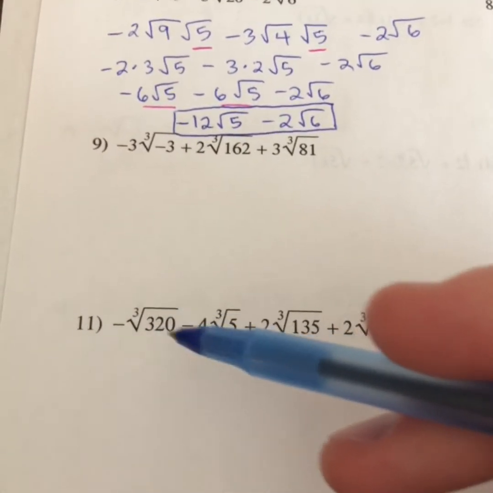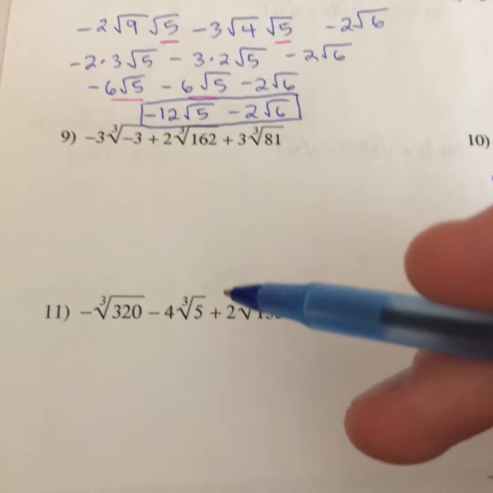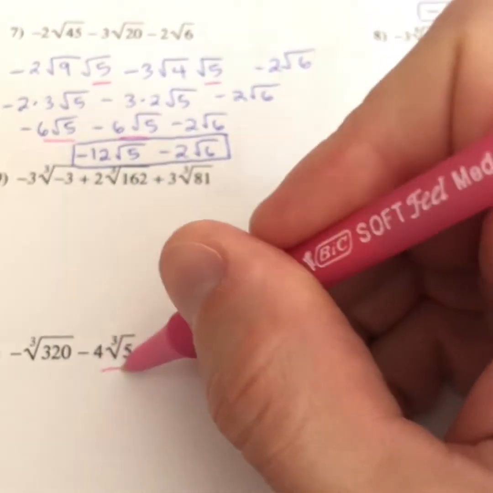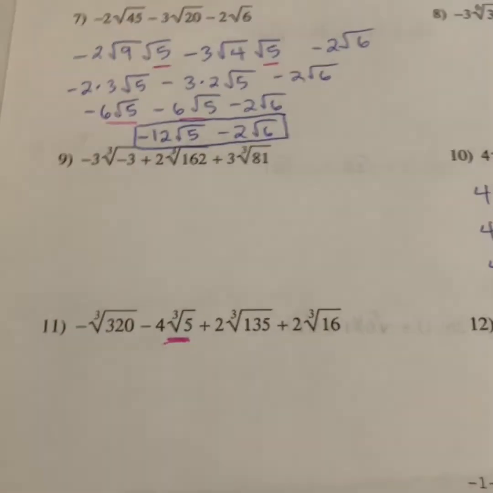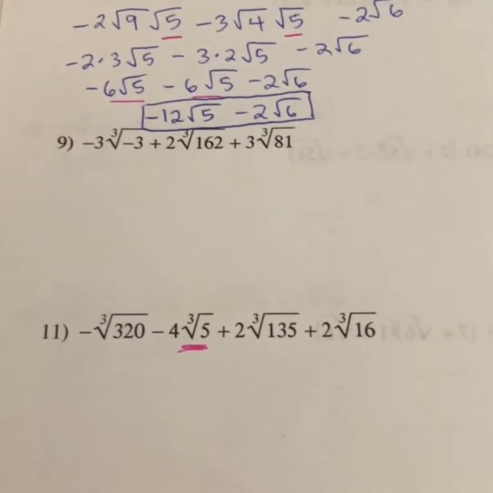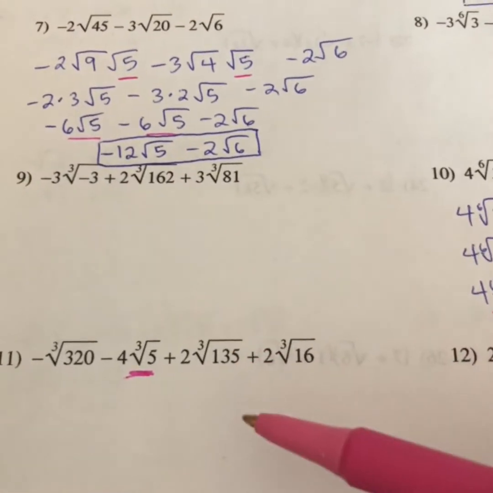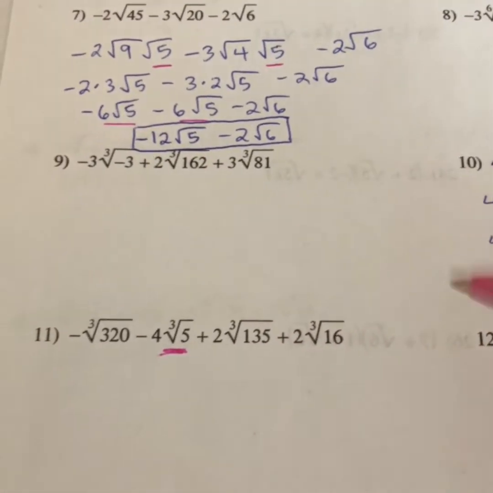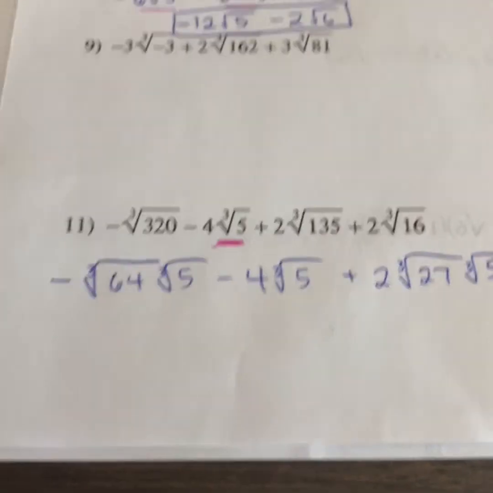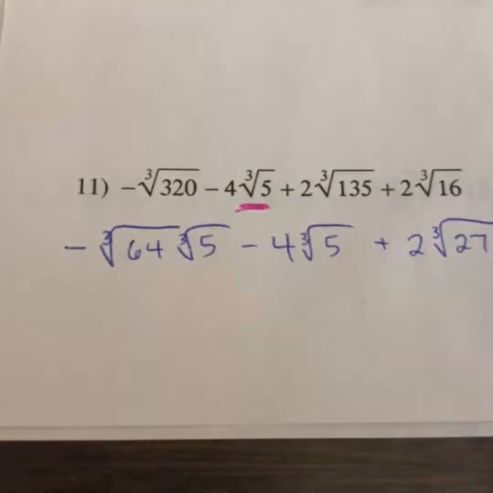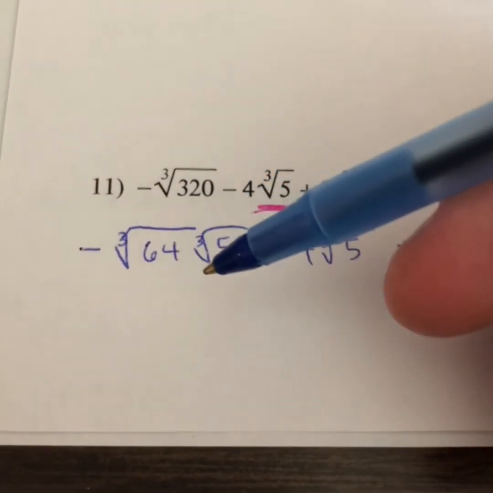So here we go. We have negative cube root of 320 minus 4 cube root of 5. Here's a note I'm going to make already. This one I cannot simplify any further. So perhaps I'm looking for something that has a cube root of 5. We'll see. Plus 2 cube root of 135 plus 2 cube root of 16. So a lot of stuff going on here. Check it out. Once I broke down with the factors, I found the cube root of 64.